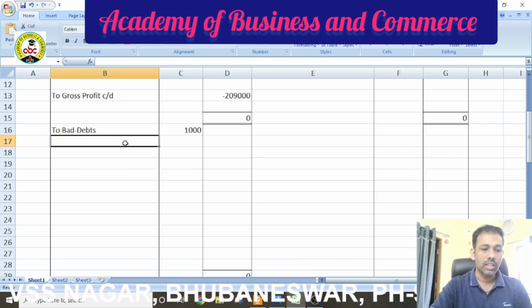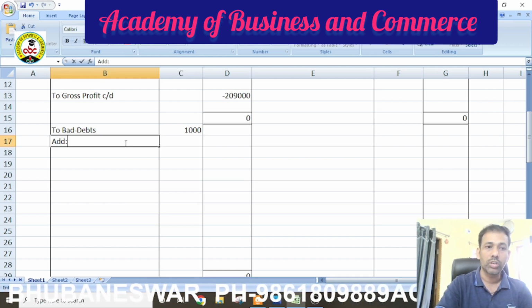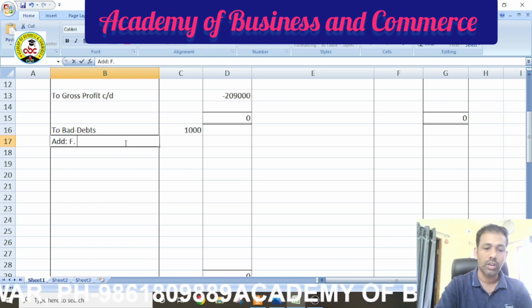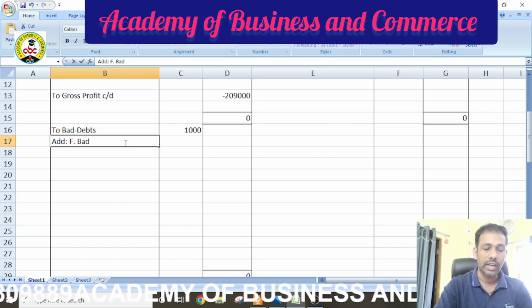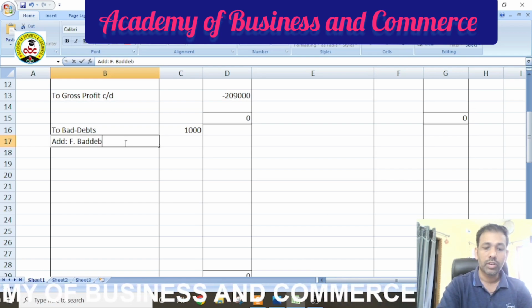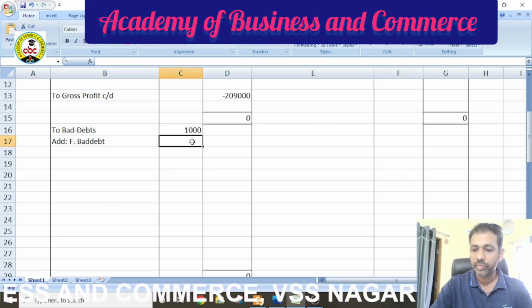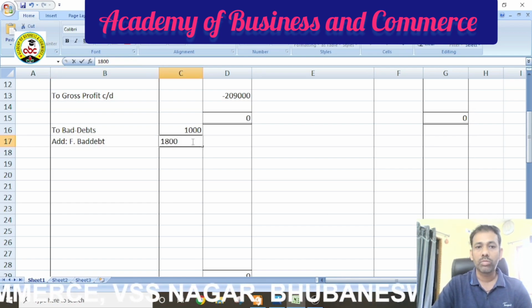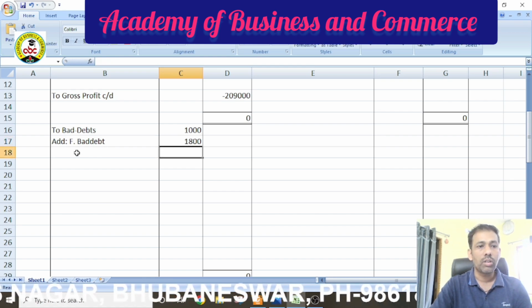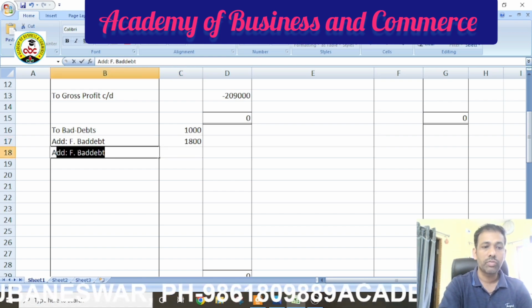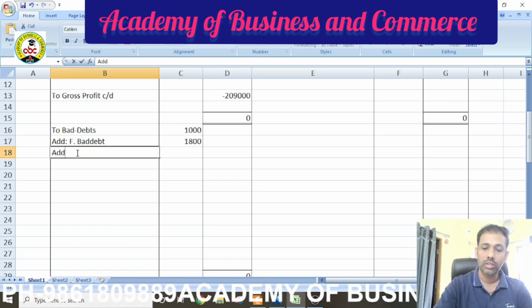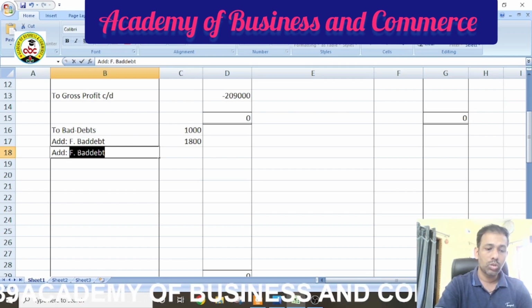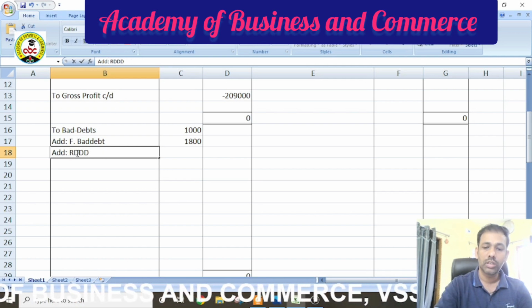Then you have to add the new bad debt which is deducted now, further bad debt which is 1,800. That you have to add. Then you have to add another one thing, the new provision for doubtful debt, or reserve for doubtful debt.